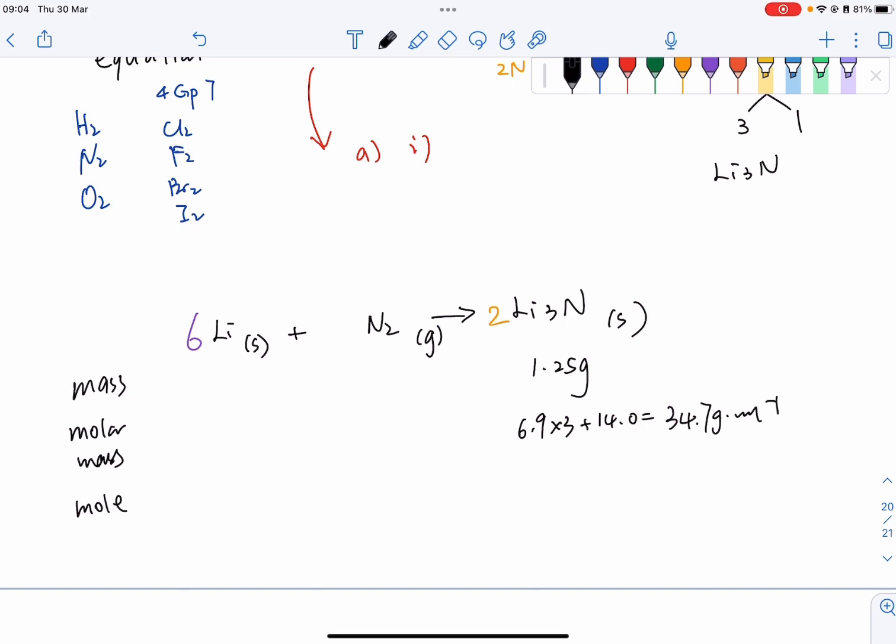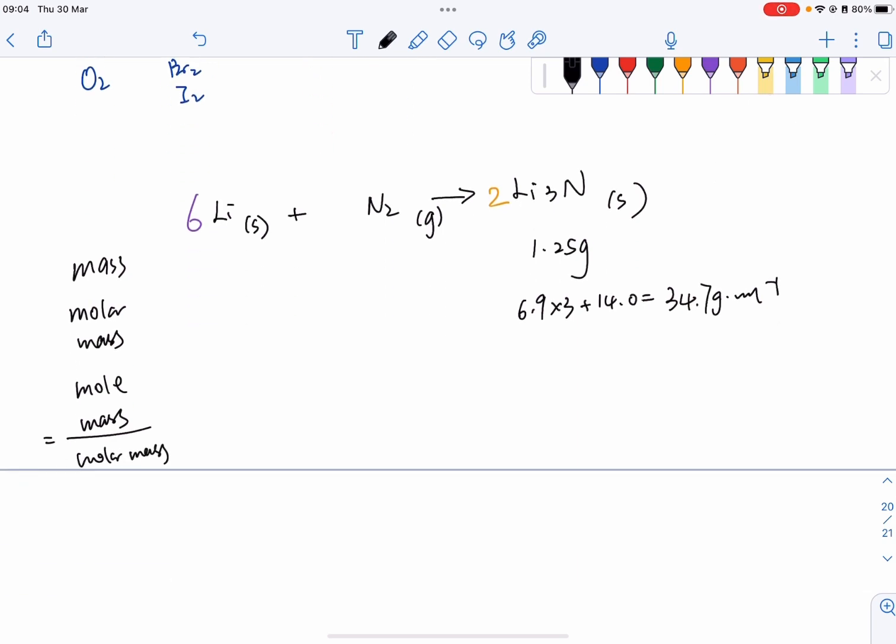Remember for mole, the formula should be, yes, mass over molar mass. So now we use 1.25 gram divided by 34.7 gram per mole. The answer should be 0.03602, right? So in between the answers, we write it as a full significant figure.